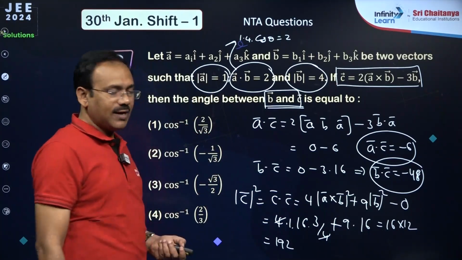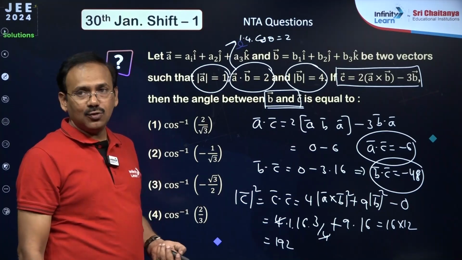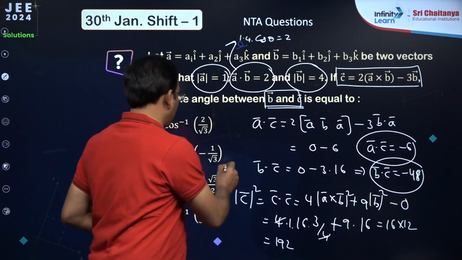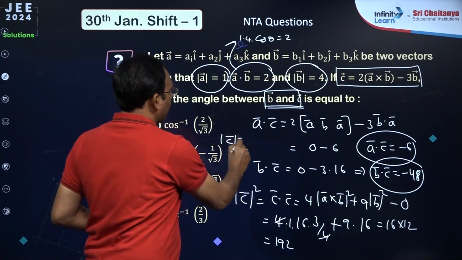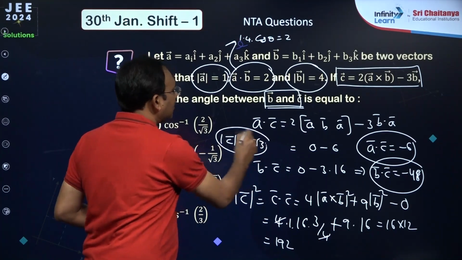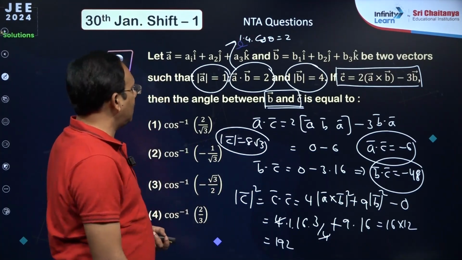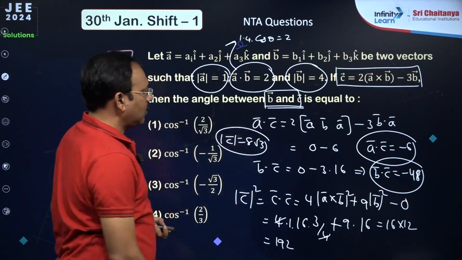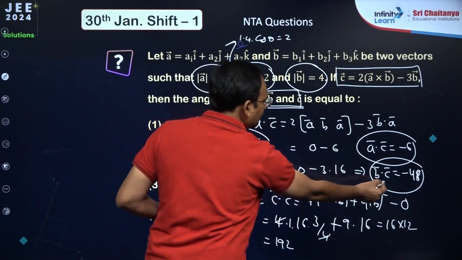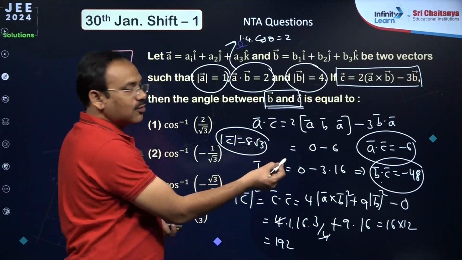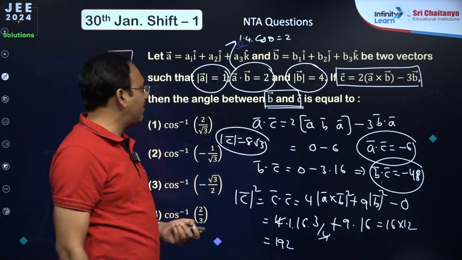From this you can write 4 into 2, 8 root 3 it is going to be. So magnitude of c is going to be 8 root 3. From this, my dear friends, you can just find b dot c you want. Here magnitude of b you know, magnitude of c you know, you just want the angle between them.